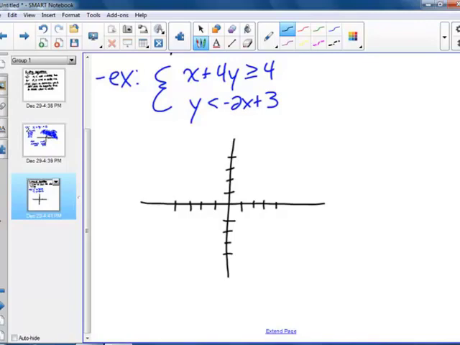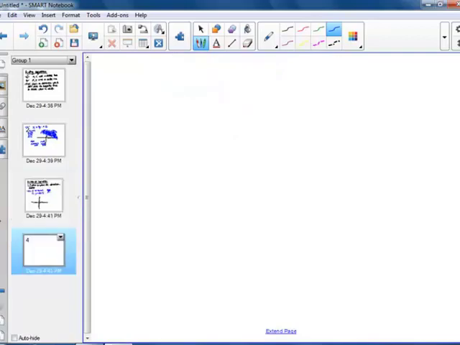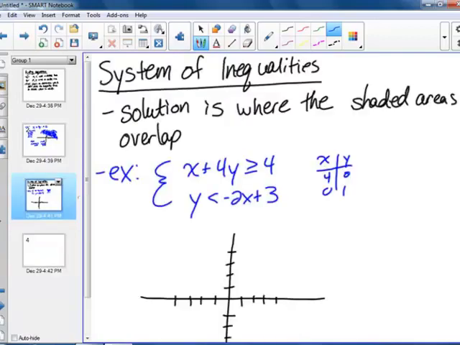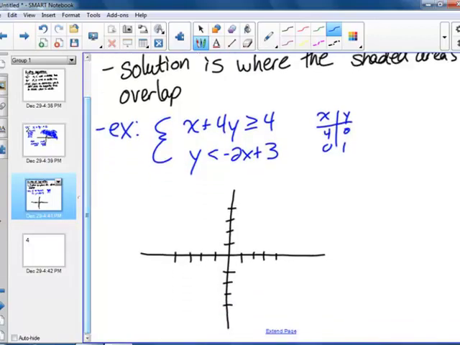For my first line, we'll do this the intercepts way. When y is 0, x would be 4. When x is 0, y would be 1. So (4, 0) and (0, 1), and that should be solid.